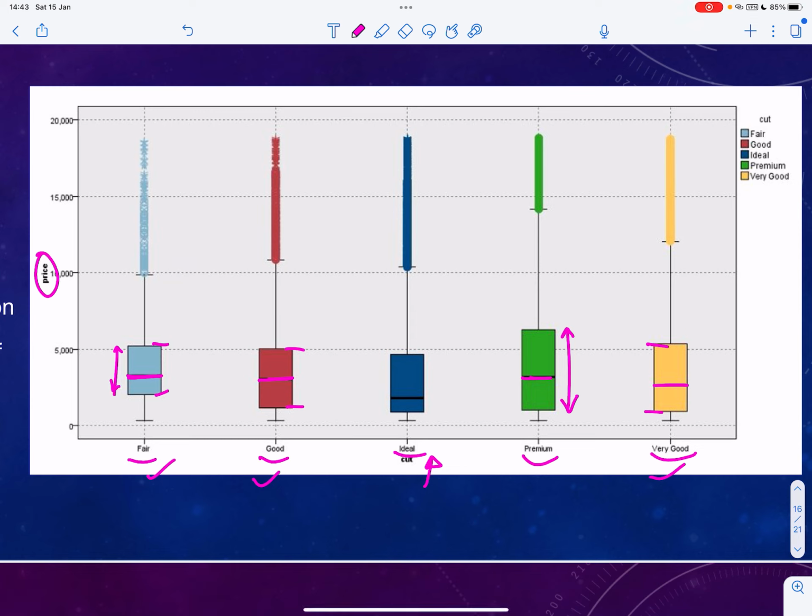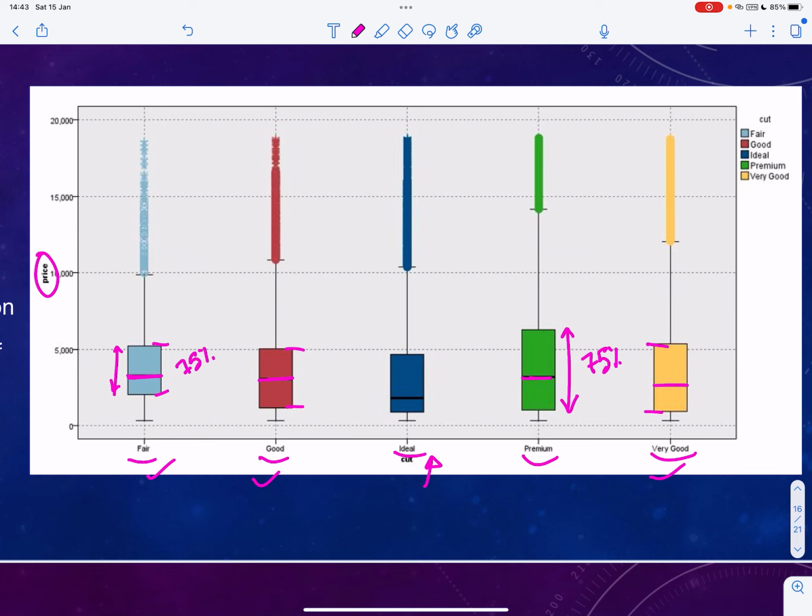For fair cut, the prices are more or less close to each other for at least 75% of the cases, because the box is covering 75% of the cases. Okay, this is another thing that we have to look at.